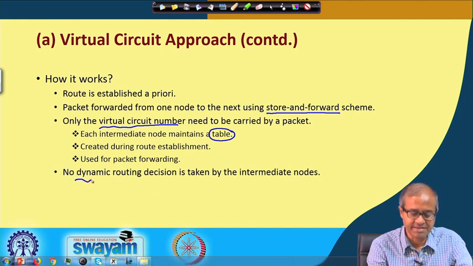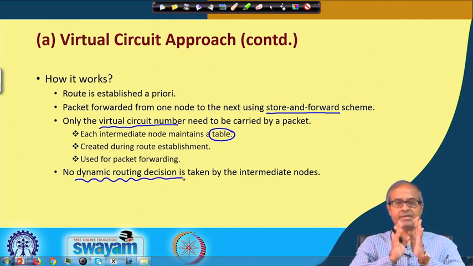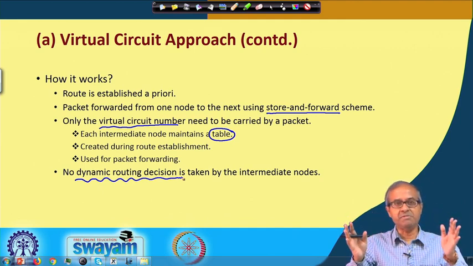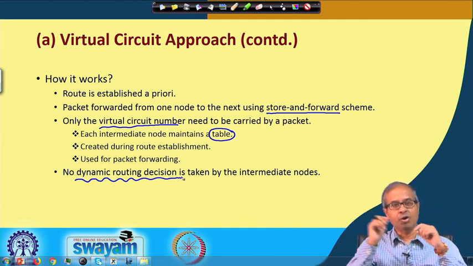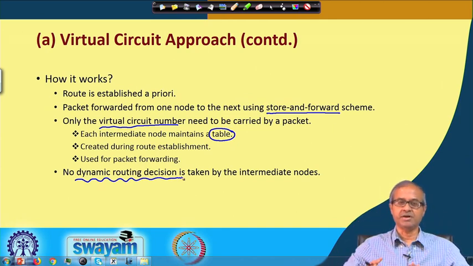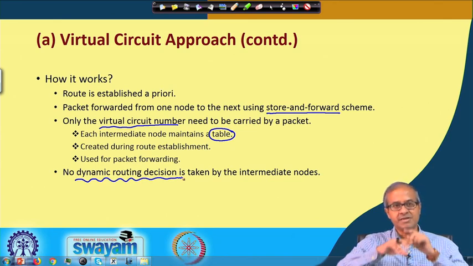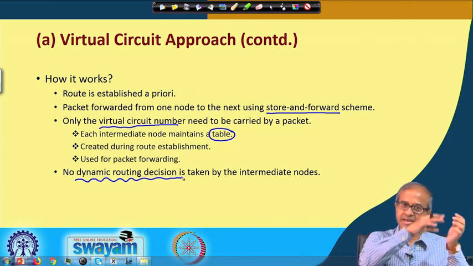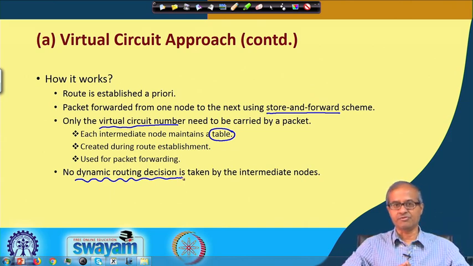And the important thing is, no dynamic routing decision is taken here. Once you establish the connection at the beginning, all the packets for a particular virtual circuit will be following that same path. Even if some of the links is very much loaded and has become slow, still that same path will be followed. Okay.